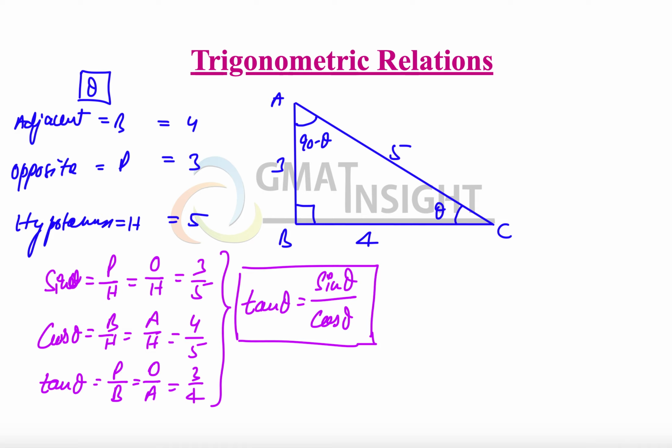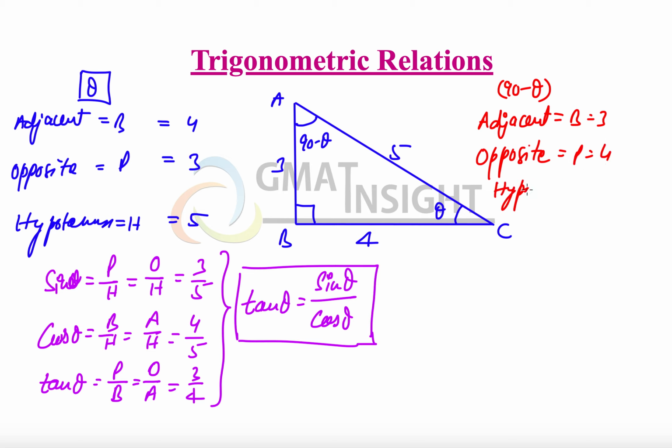But now there is another thing that I wanted to bring in the picture. Now let's assume that we are considering 90 minus theta as the primary angle here. If 90 minus theta is the primary angle, then the adjacent changes, because now the adjacent or the base becomes 3, because the side which is adjacent to this 90 minus theta is 3. The opposite here becomes equal to 4, opposite which is also equal to the perpendicular, that is 4.